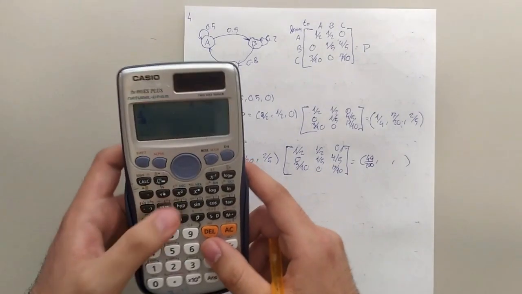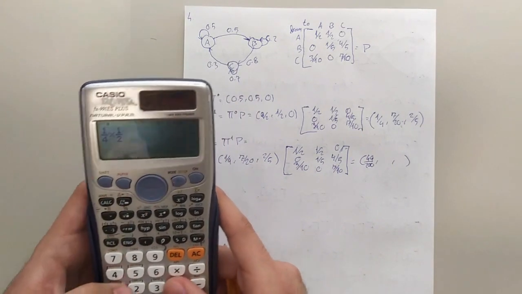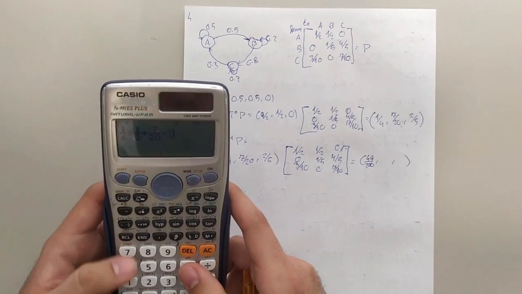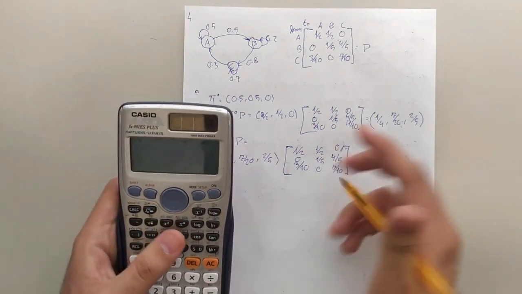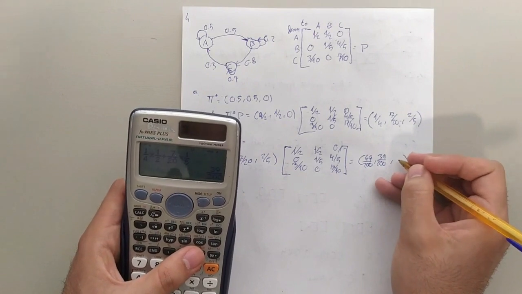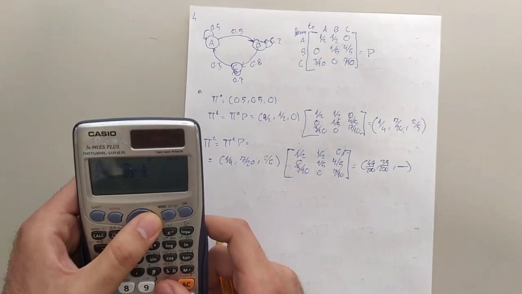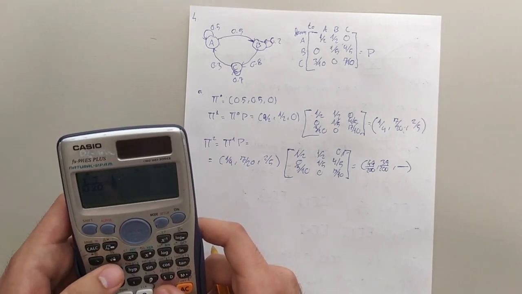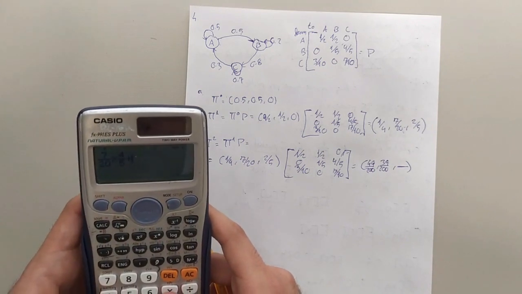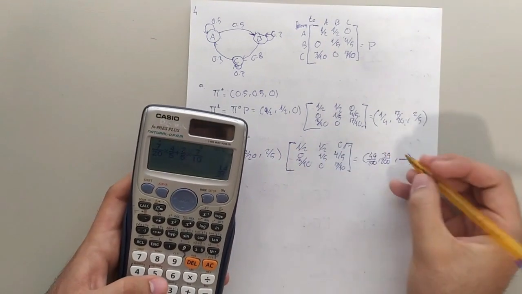Then 1/4 times 1/2 plus 7/20 times 1/5, and lastly 7/20 times 4/5 plus 2/5 times 7/10, 14/25.